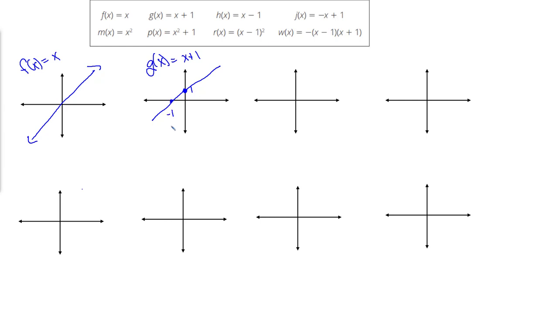And this point right here, the x-intercept, would be -1. So here, what's our y-intercept? -1. And my slope is still +1.